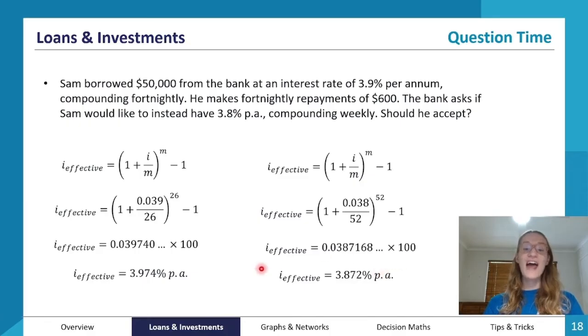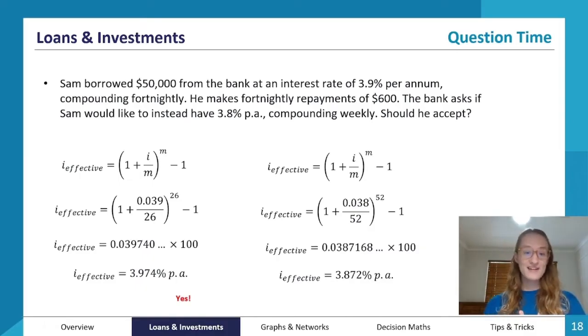3.872%. So the annual effective rate of interest for the second option he was offered is actually more beneficial for him because effectively, when we convert them both to annual per annum rates of interest, this one is actually lower, and because Sam is borrowing money, so it's a loan, so he's having to pay back this interest, then yes, he should accept the second offer because that is actually better value considering the fact that it's a loan.